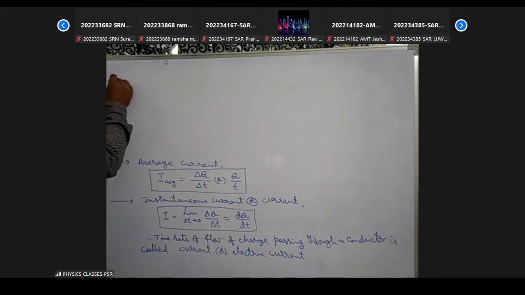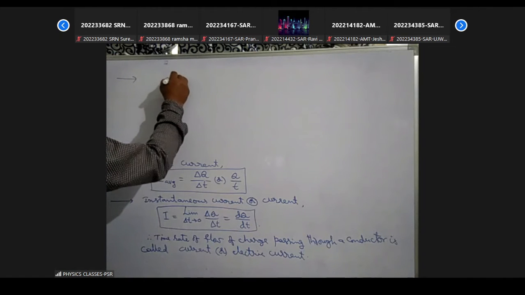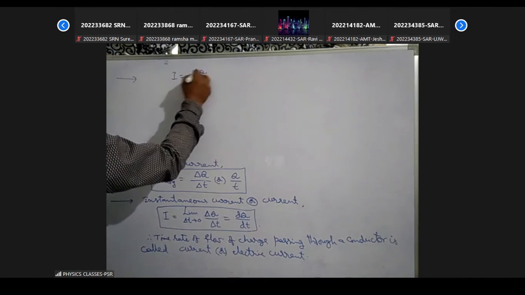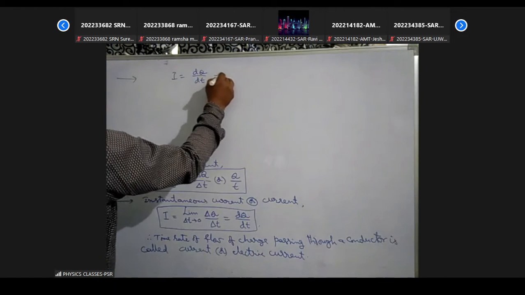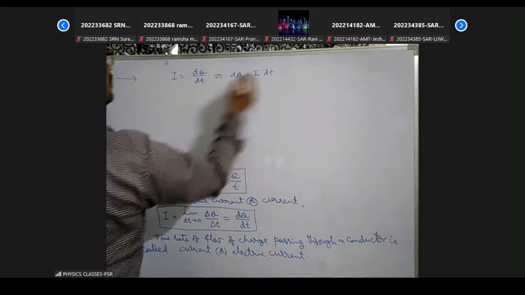The next point. From this equation we can write I is equal to dq by dt. This implies dq is equal to I dt.